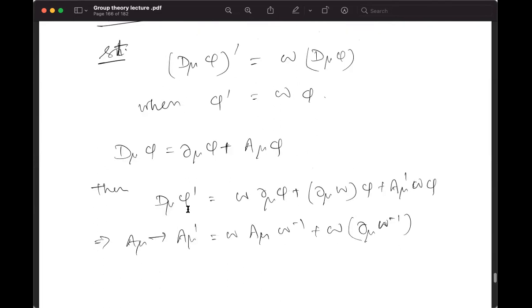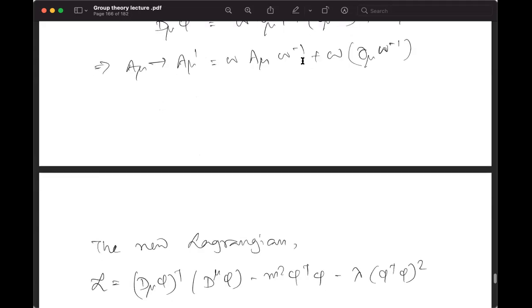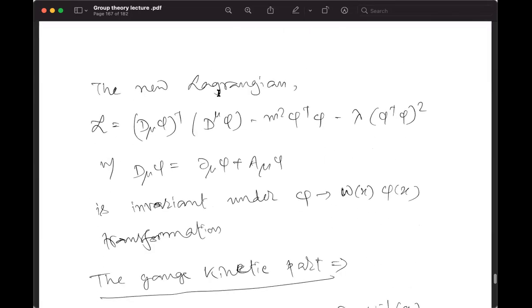Here A_μ goes to A_μ', which also fixes the transformation of A_μ' so that this is ensured. So the new Lagrangian is almost the same, only the ordinary derivative is replaced by the covariant derivative. It now remains invariant under phi going to Omega(x) phi(x).